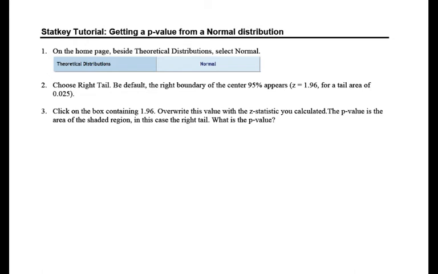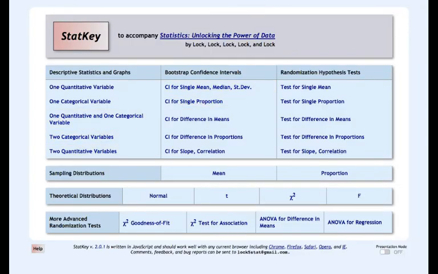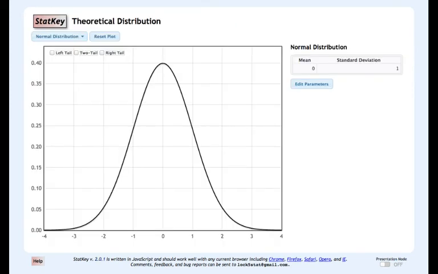On the home page, beside theoretical distributions, we are going to select normal. This automatically brings up the standard normal distribution. Even though it is possible to edit the parameters and change the mean and standard deviation, it's a good idea not to, so that we just do everything the same way.